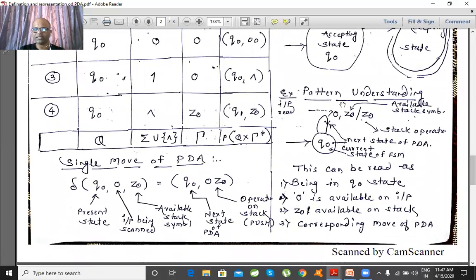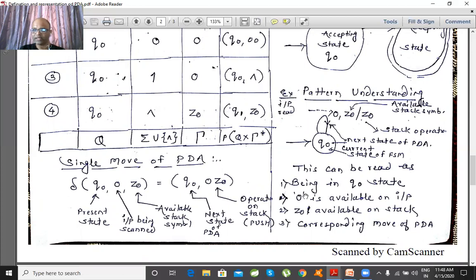Now let's understand this representation. We have already understood, but let's go over it once again. So this is a simple example. Being in Q0, if I have a self transition, it represents going from Q0 back to Q0. The next state will be Q0. At that time, if 0 is on the input and Z0 is available on top of stack, what corresponding action will the machine take? 0 will be pushed onto this stack.